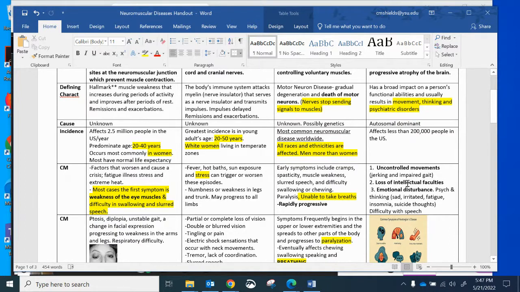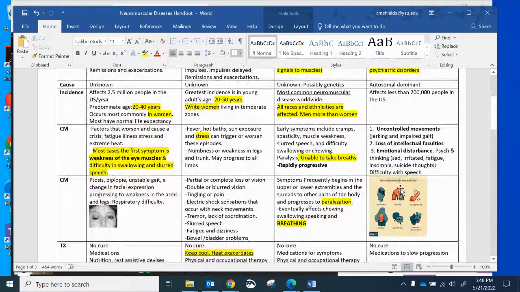So the movements and the cognitive decline. The third one is psychiatric disorders or emotional disturbances. They may be sad, irritated, fatigued, insomniac, have suicidal thoughts, difficulty with speech, which can really go underneath the uncontrolled movement. So these are three main areas of clinical manifestations.